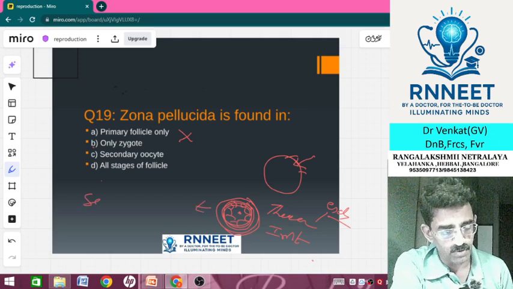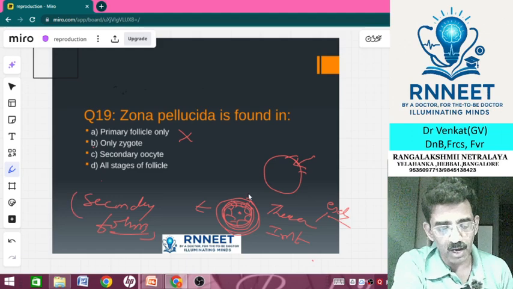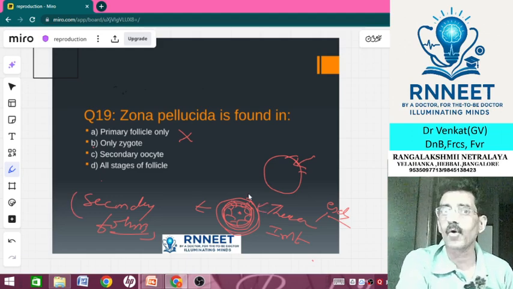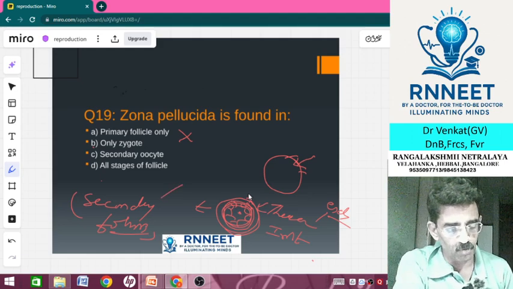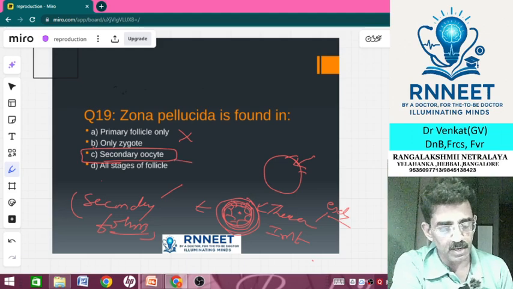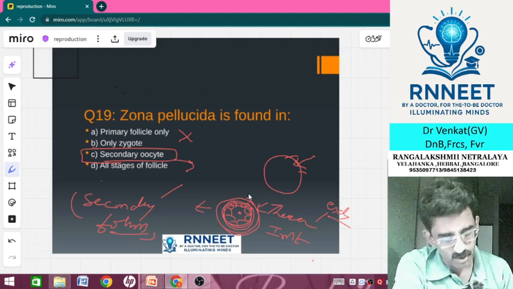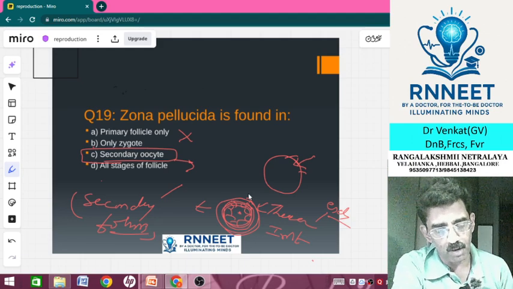That is where basically the zona pellucida starts getting formed. And then in the tertiary follicle or the secondary oocyte, that is where you will develop the Graafian follicle or the tertiary follicle, where the zona pellucida is already present.